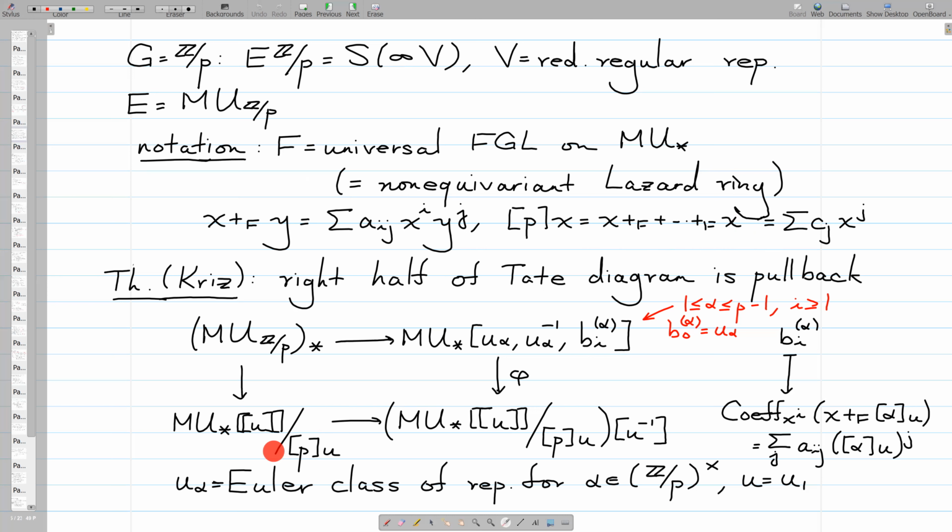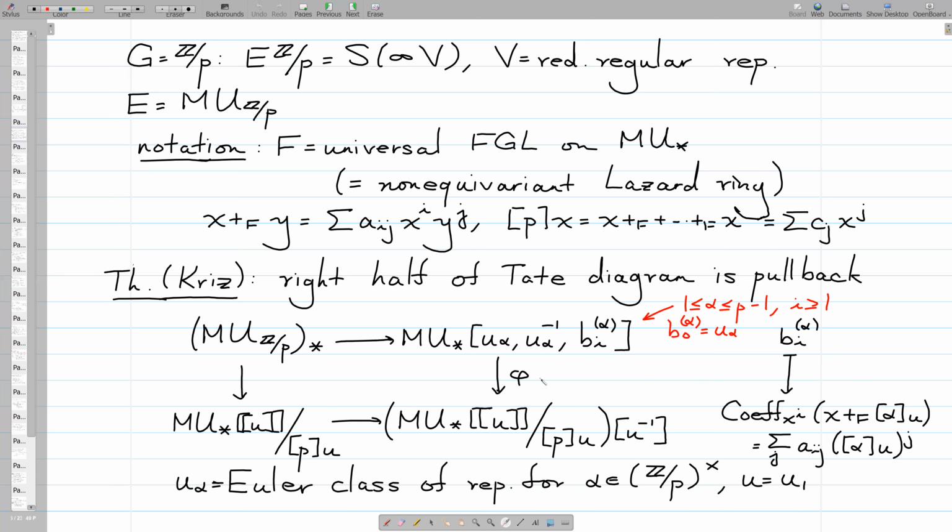And then the Tate has both this completion at U, so it's the Borel cohomology, but you invert this U, the Euler class of alpha equals 1. As it turns out, that actually inverts all of the U alpha because they're multiples of each other.